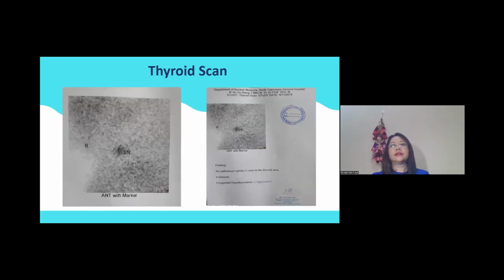We did a nuclear medicine radioiodide thyroid scan of this baby, which revealed no radiotracer uptake in the thyroid area. The comment was congenital hypothyroidism, and the cause is thyroid dysgenesis.